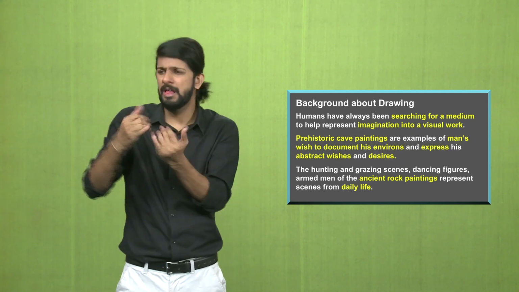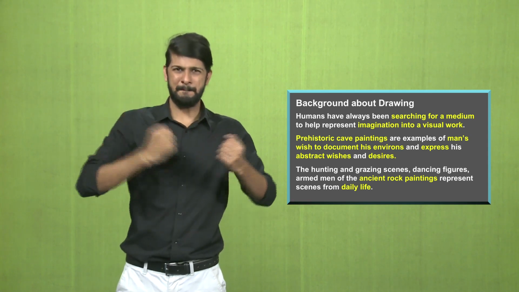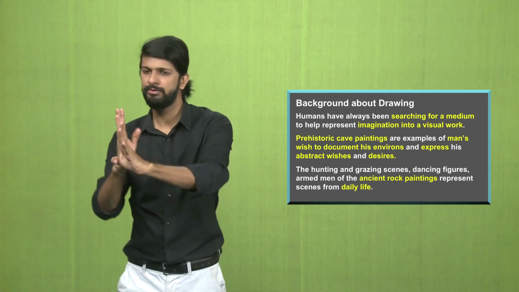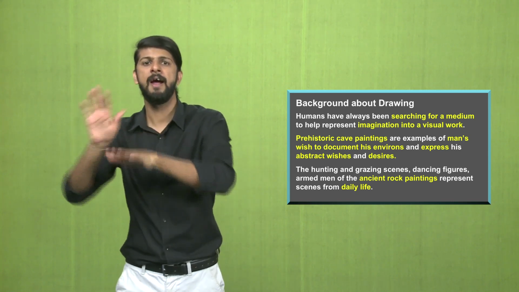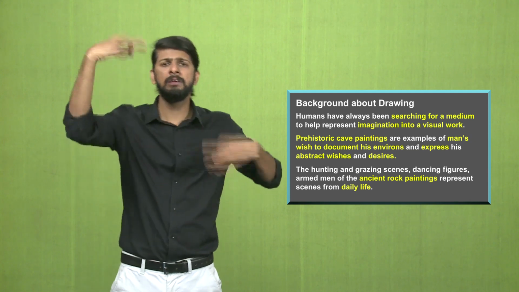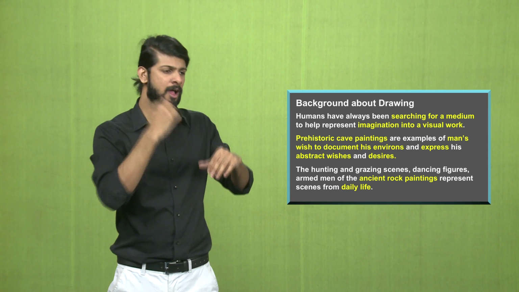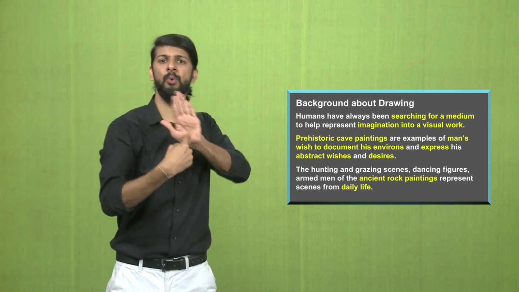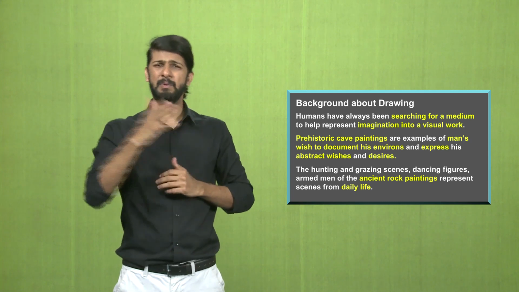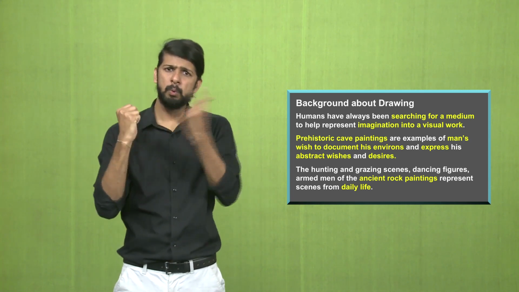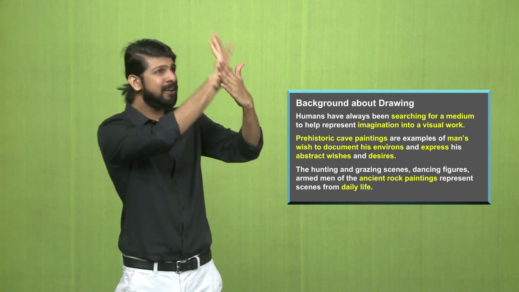These paintings would represent scenes from daily life, for example, hunting and grazing scenes. Then there would be dancing figures. So the prehistoric human beings perhaps had their own victory dances when they would kill a huge animal, and then the armed men holding various kinds of weapons.